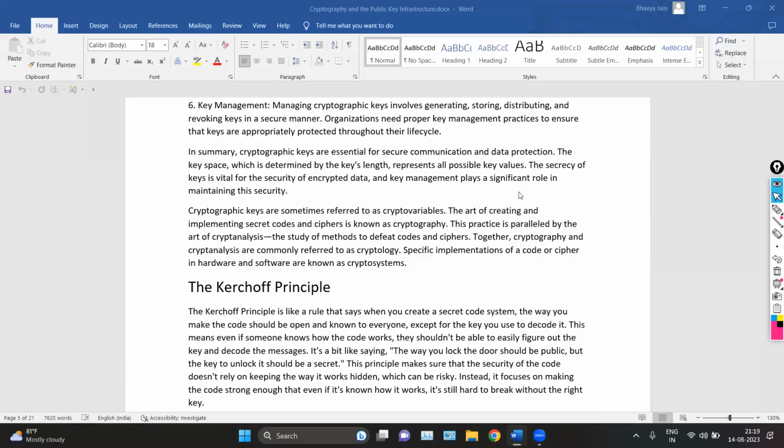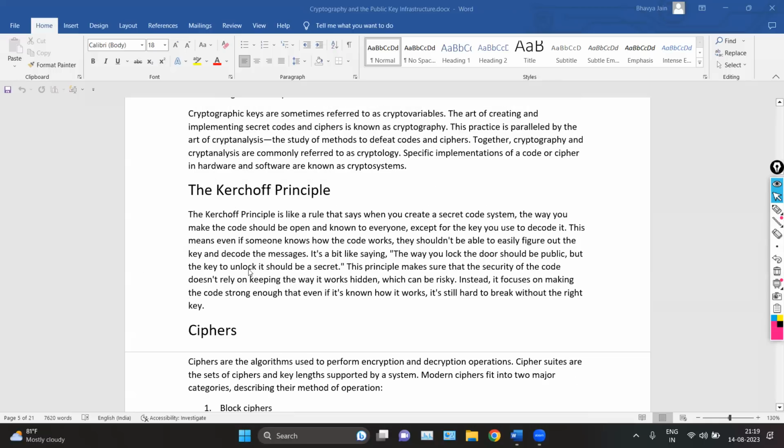The secrecy of the key is vital for the security of encrypted data, and key management plays a significant role in maintaining the security. And we have already discussed what cryptography is, what cryptanalysis is, what a cryptosystem is, and cryptology.